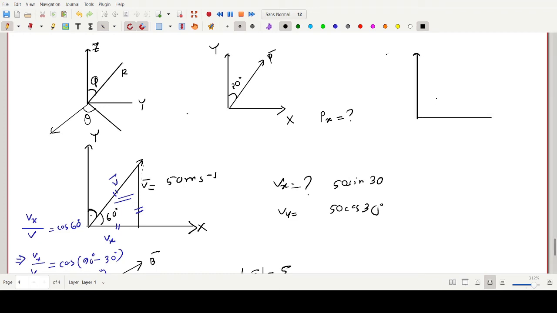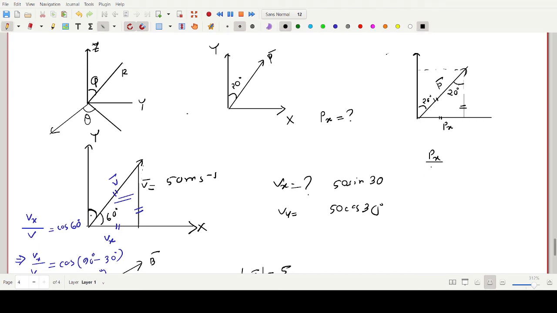This is 20°. You can draw a perpendicular. Since this is a right triangle, this is the perpendicular, this is the base, and this is the hypotenuse, which is P. Let's say this will be the x component, Px. Now hypotenuse by base.